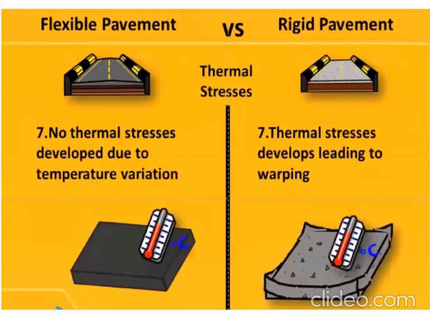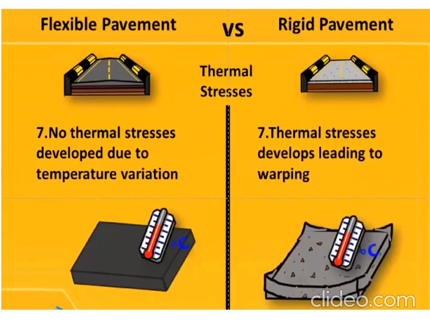Then there is the problem of thermal stress. Thermal stress is a temperature stress. Because of temperature differentials, the pavement gets broken. As I said, the temperature above the pavement and the temperature 1 inch below the pavement are different, and if the difference is much more, then you have differential stresses.